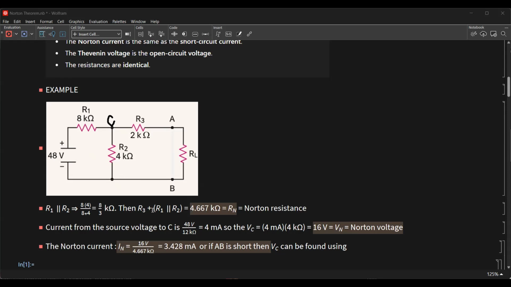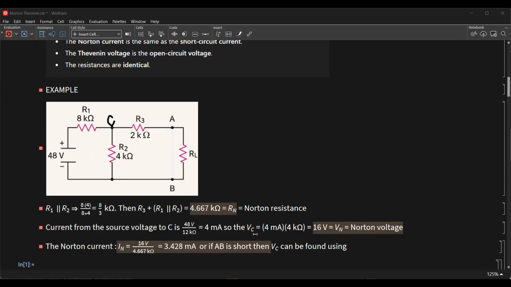Then R3 plus R1 parallel to R2 is 4.667 kilo ohms. So this is our Norton resistance. Then the current from the source voltage is 48 volts over 12 kilo ohms, equal to 4 milliamperes.